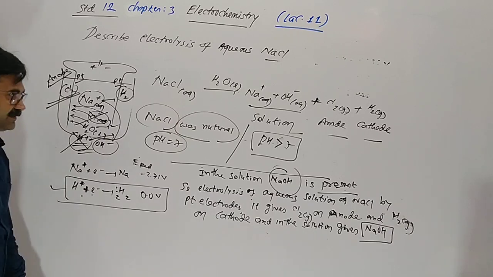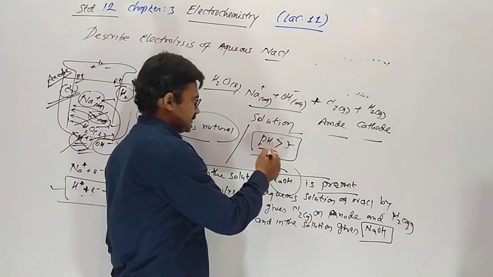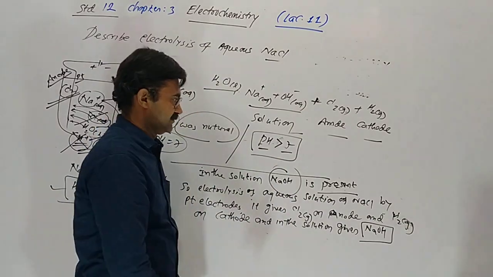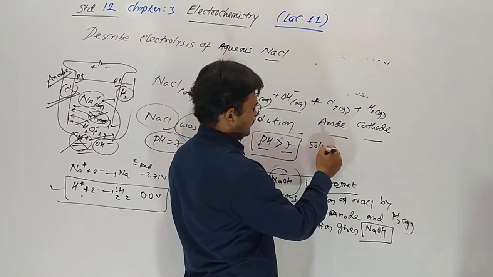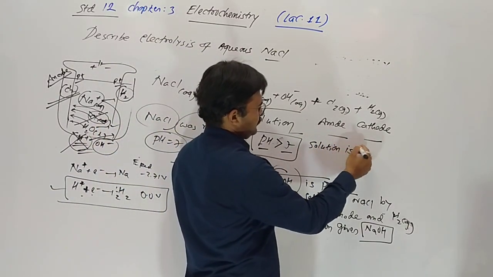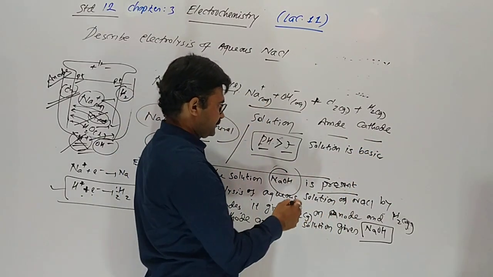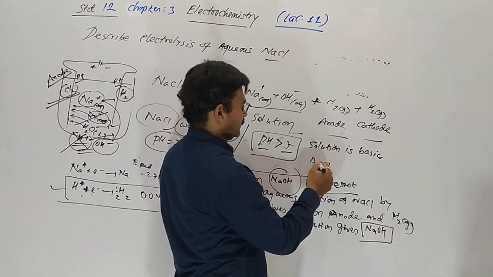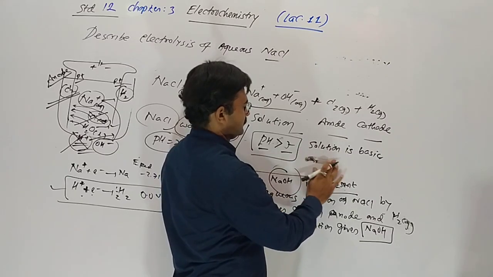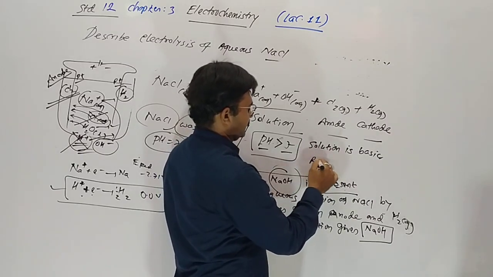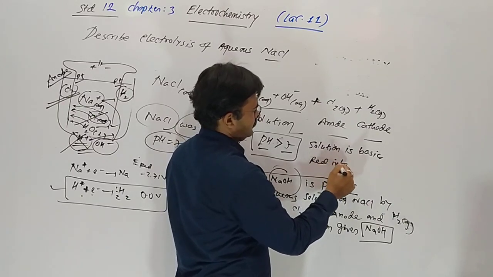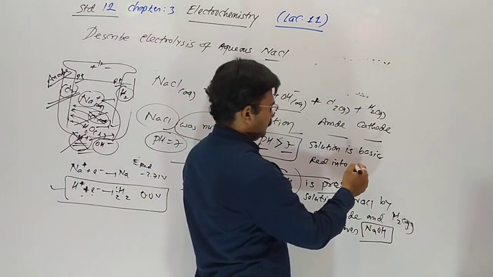The solution became basic and pH is now more than 7. The solution is now basic. And litmus paper, yes, blue into red. Sorry, red into blue.